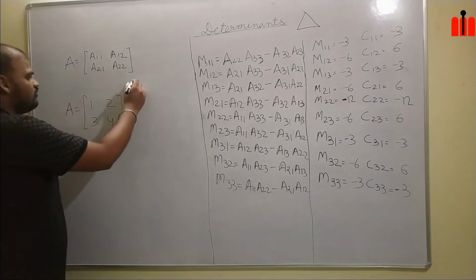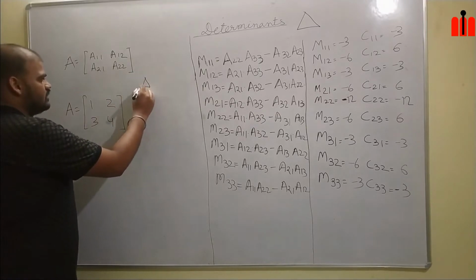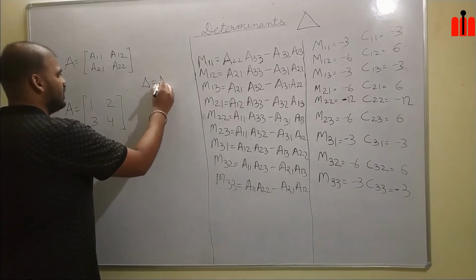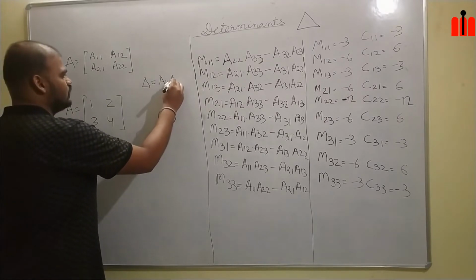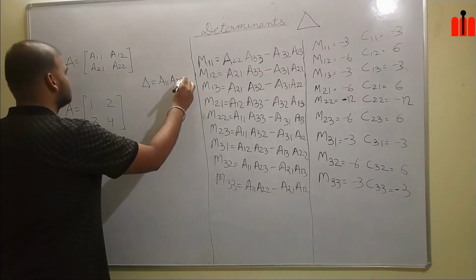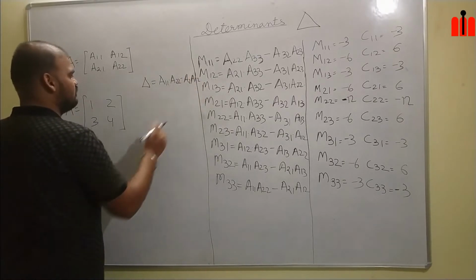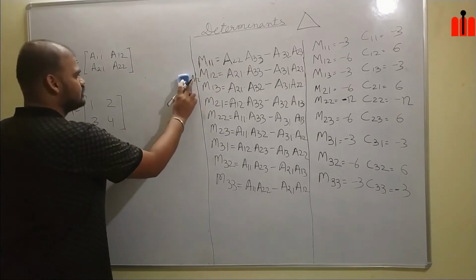So the determinant of this A will be delta, which is equal to A11 into A22 minus A21 into A12.